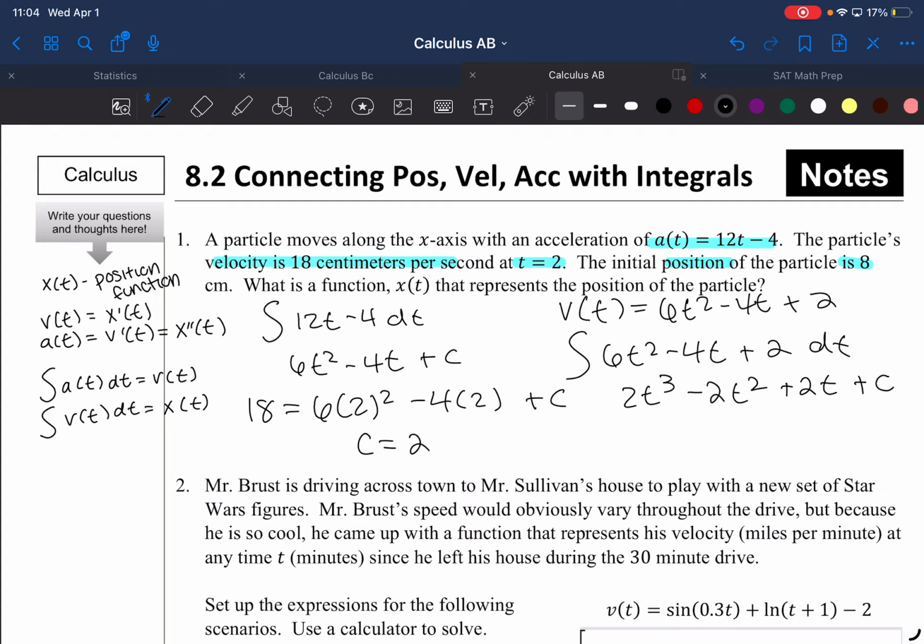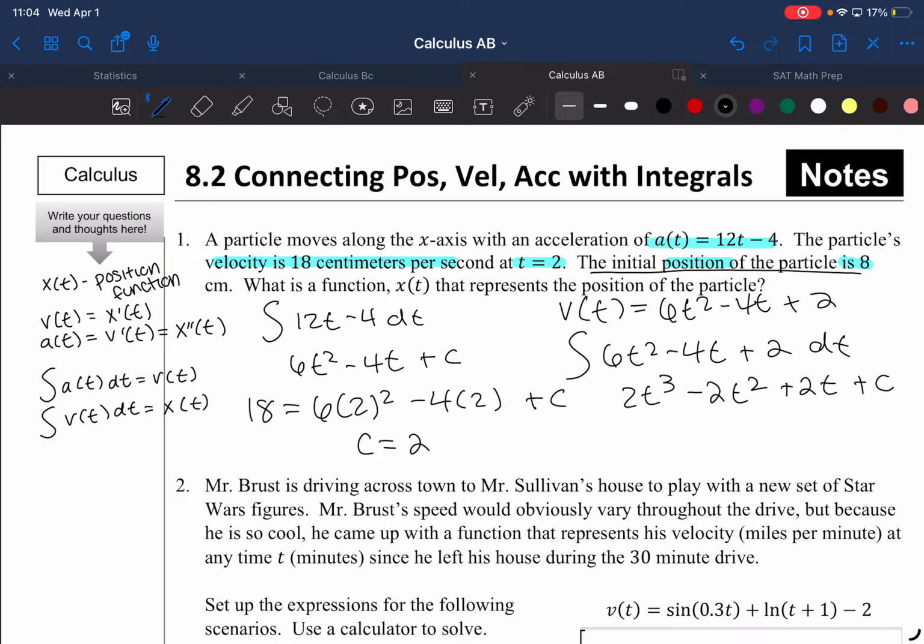Then, using our other initial condition, it says the initial position of the particle is 8 centimeters, which means the position x of t is equal to 8 when time is equal to, what does it mean by initial position? 0. We haven't started yet.